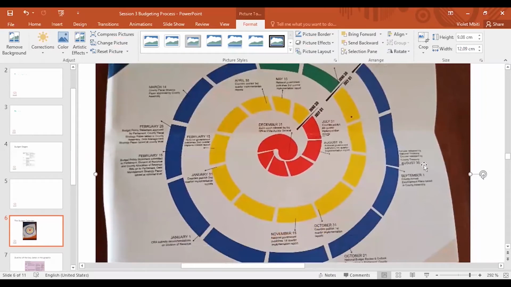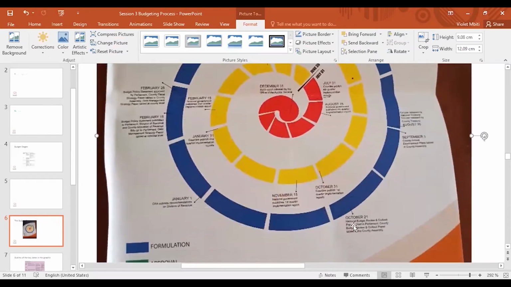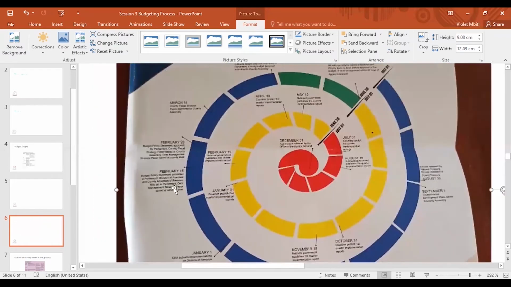So by August 30th, the circular, September 1st, the ADP, October, CBROP, and then January 1st, CRA submits recommendations on division of revenue.